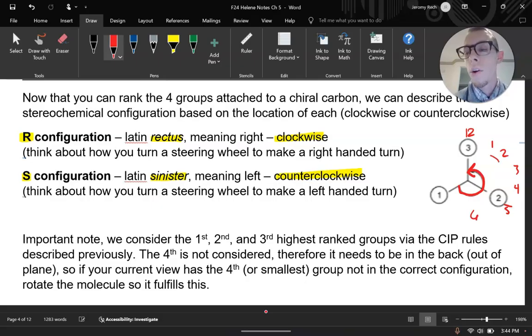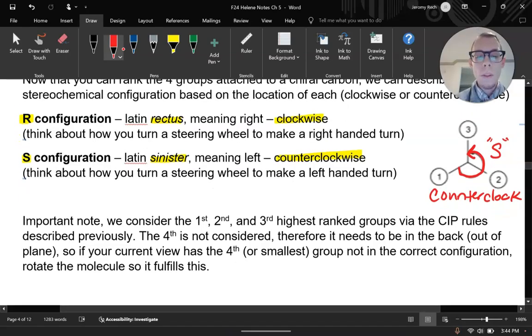Here we're going from 6 to 5 to 4 all the way to noon. So this is a counterclockwise rotation. Let me get rid of that so it doesn't get confusing later. So this is counterclockwise, and that counterclockwise signifies S. This S descriptor describes that specific arrangement of 1, 2, and 3.